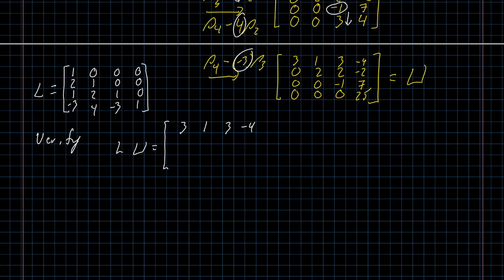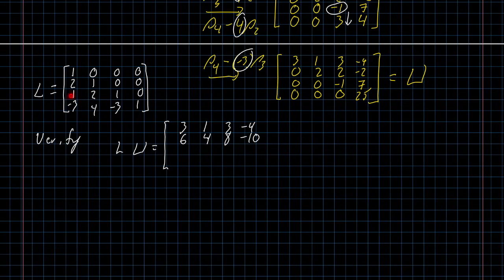We've got 2 times 3, which is 6, 1 times 0, which is 0. We've got 2 times 1 and 1 times 2, all told that's 4. We've got 2 times 3 and 1 times 2. So that's 6 plus 2, which is 8. We've got 2 times -4, 1 times -2. All told, that's -10.